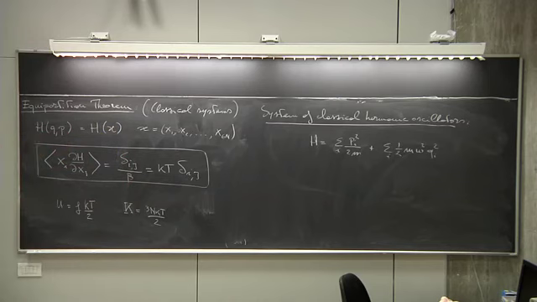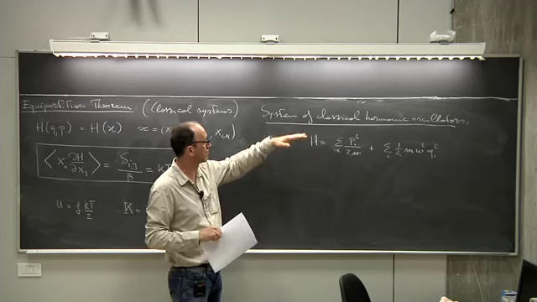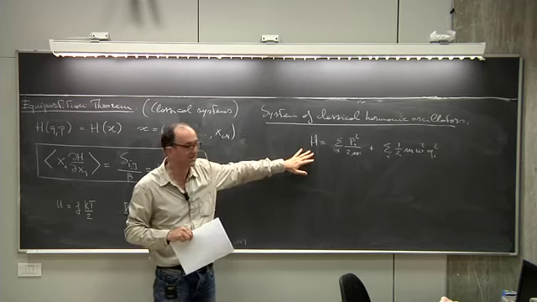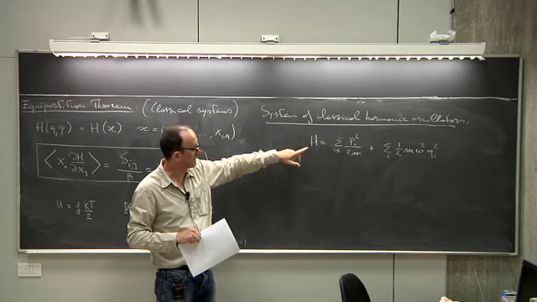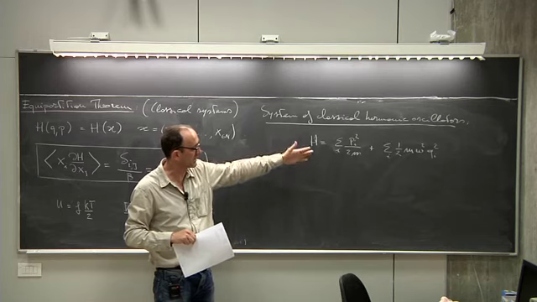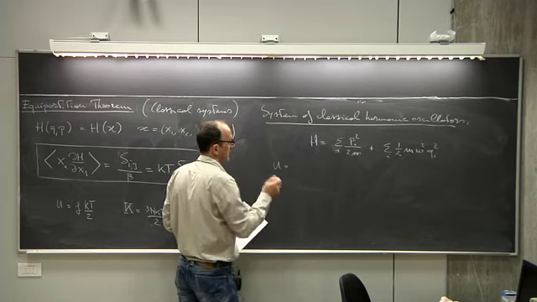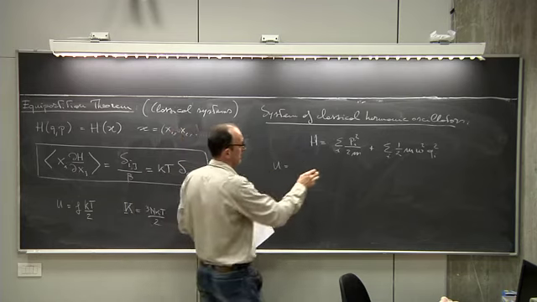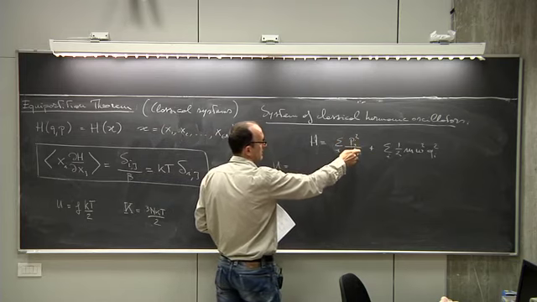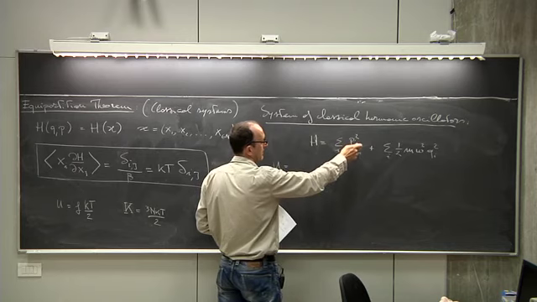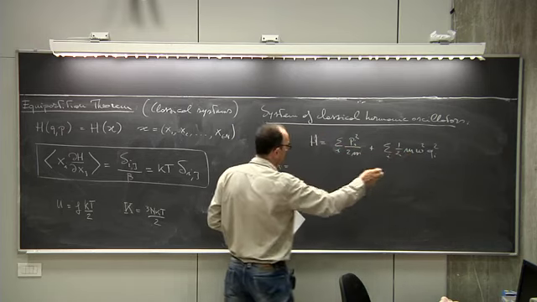We will do all the calculation for this system next time. It's rather simple. You can also do it as an exercise. But you see that for this Hamiltonian, we can directly say that the energy at a given temperature will be equal to, so each particle will contribute 3/2 kT from here, 3/2 kT from here.